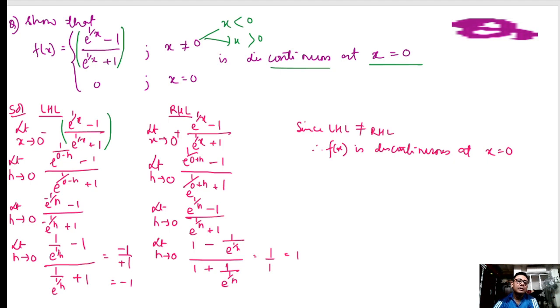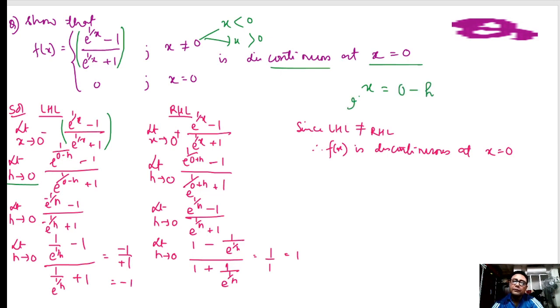Now if x tends to 0, h tends to 0. If x is tending to 0, h is also tending to 0. Please see how to write it. E to the power, in place of x we are writing 0 minus h.